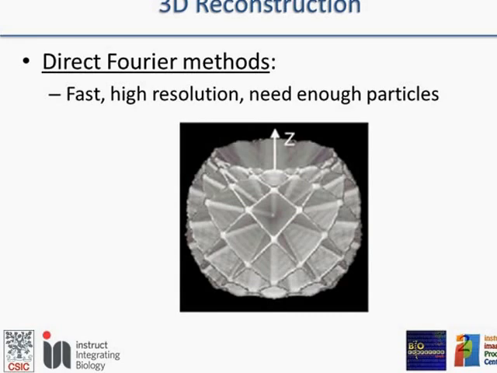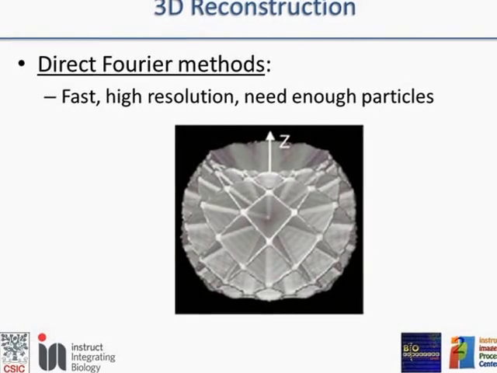Normally it produces rather high resolution volumes, and there is a drawback that normally it needs enough particles. You can imagine that if you have large empty regions in Fourier space, it is difficult to interpolate in those regions. So if you have a good angular coverage and a relatively dense filling of the Fourier space, then this method is rather good.